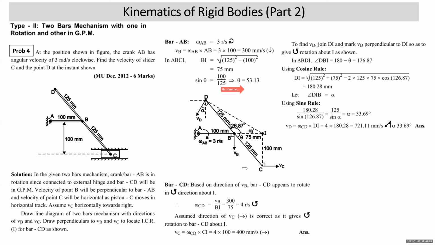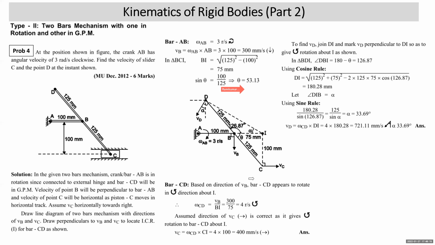Based on direction of VB, bar CD appears to rotate in anti-clockwise direction. So omega CD will be equal to VB upon BI. VB is known to you as 300 mm per second. BI length is 75. So this is 4 radian per second anti-clockwise.